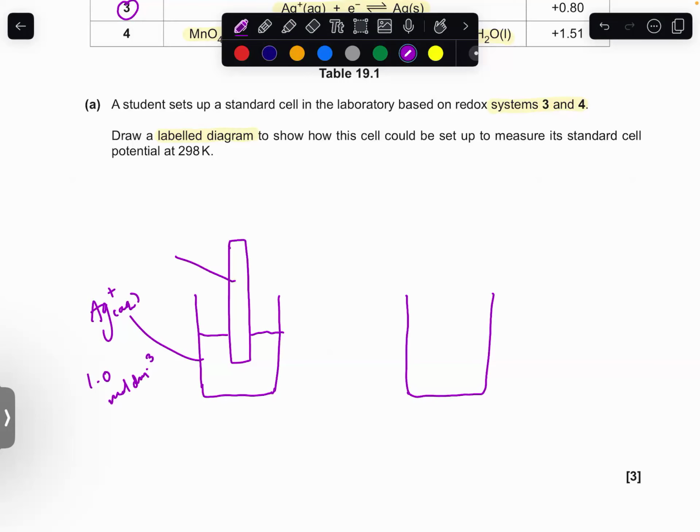And we label the electrode silver solid. We'll shade that in. Now, this is connected to a voltmeter.